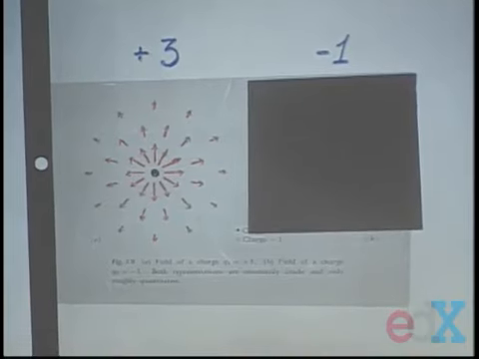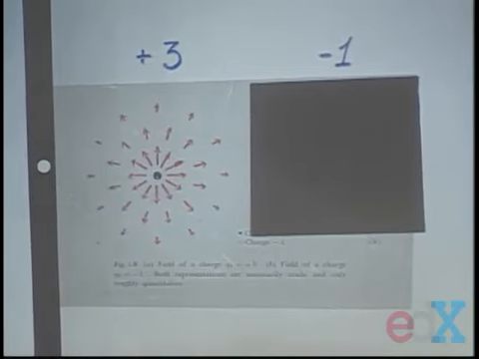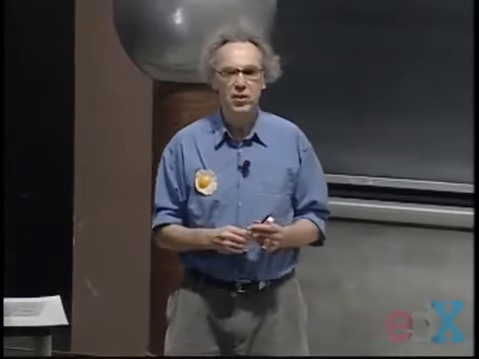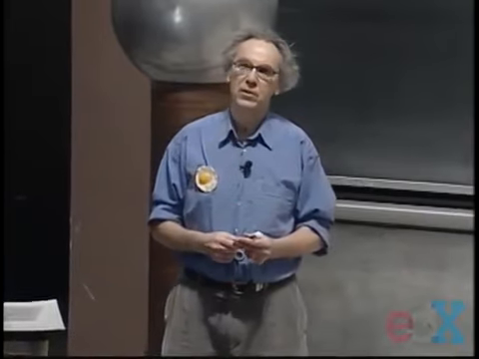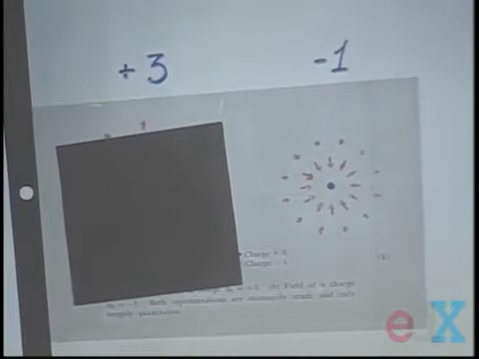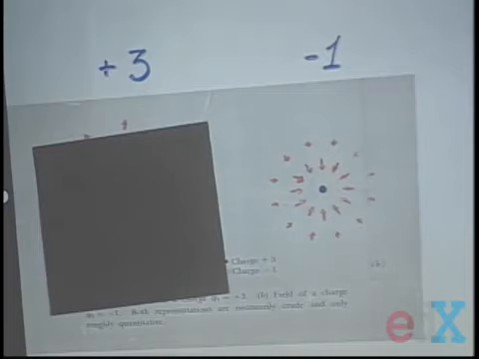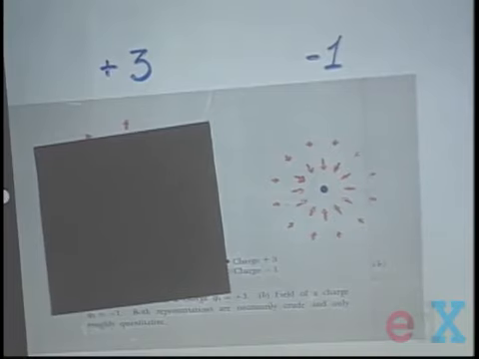The basic idea is here you see the field vectors, and the direction of the arrow tells you in which direction the force would be if it is a positive test charge, and the length of the vector gives you an idea of the magnitude. And here I have another charge -1. Doesn't matter whether it is minus 1 Coulomb or minus 1 micro Coulomb, it's just a relative representation.